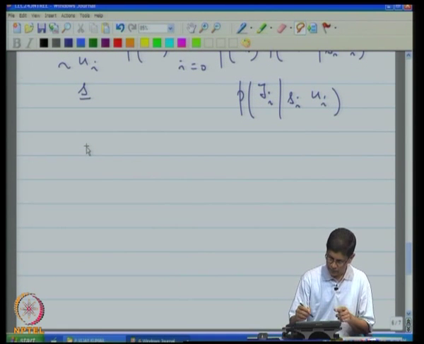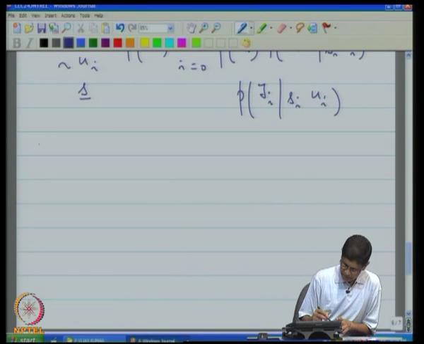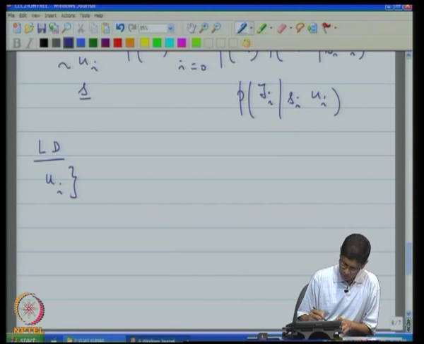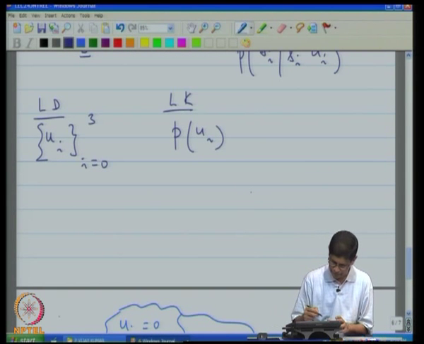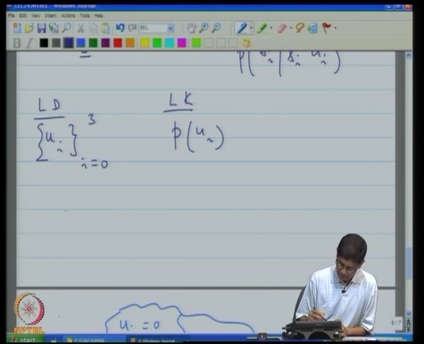Okay. So, the local domains are, in this case, the ui, i going from 0 to 3, with associated local kernels p of ui.